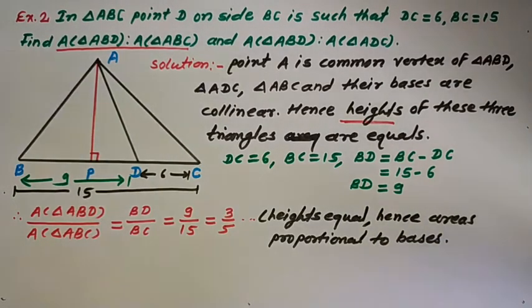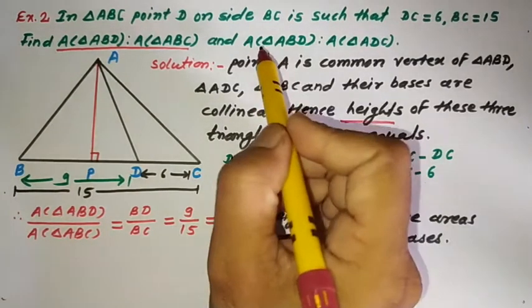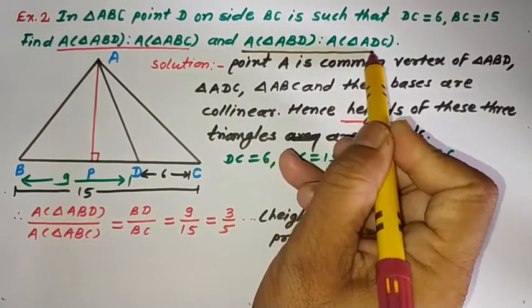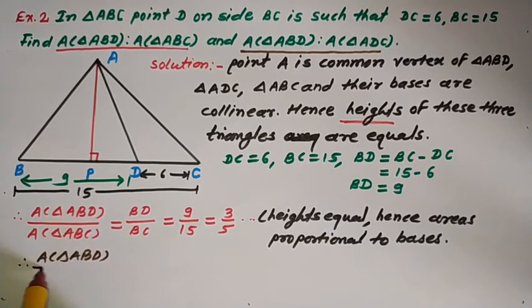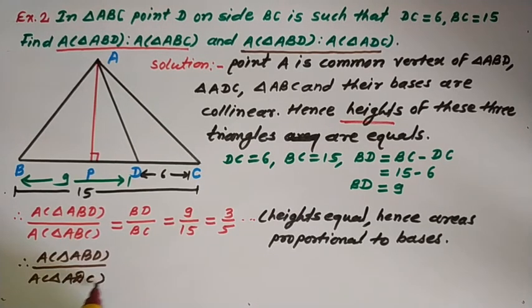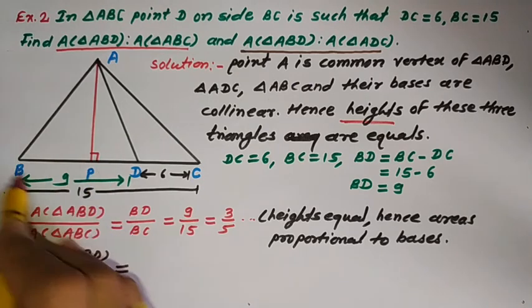Next, second: area of triangle ABD upon area of triangle ADC. These two triangles have equal heights, so the ratio of areas is the ratio of bases.